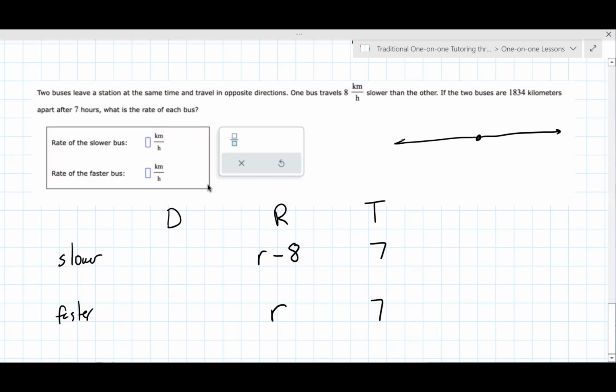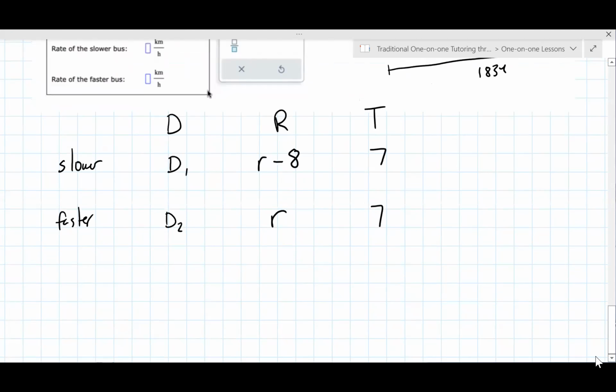The difference in this problem is that we don't know how far each bus went. Normally I would write D1 and D2, but what we know is that together they went 1,834 kilometers. So for a moment, let me just do D1 and D2.